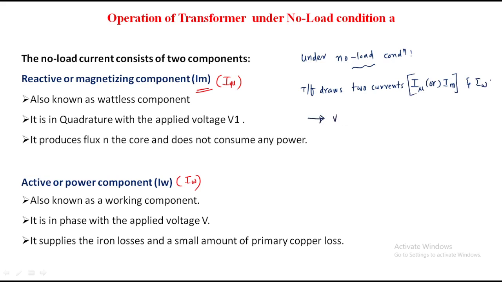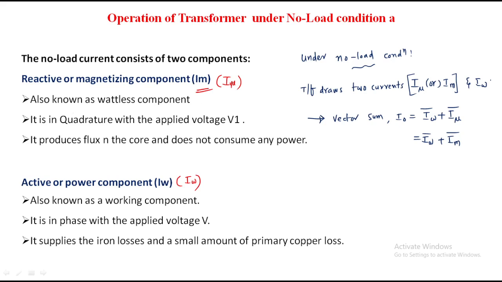So these two are a vector sum. I0 should be equal to IW plus Iμ, or you can write IW plus IM, in some textbooks they represented as IM, in some textbooks they represented as Iμ. There is no problem at all, just follow whether it is IM or Iμ.